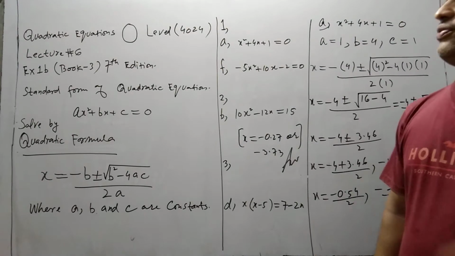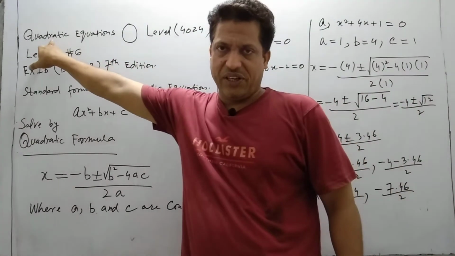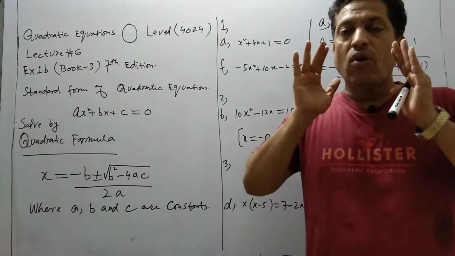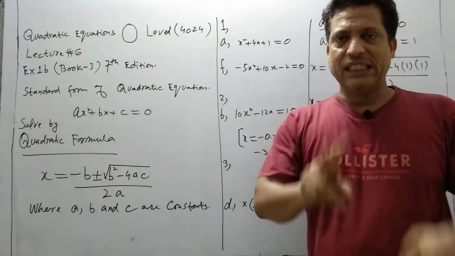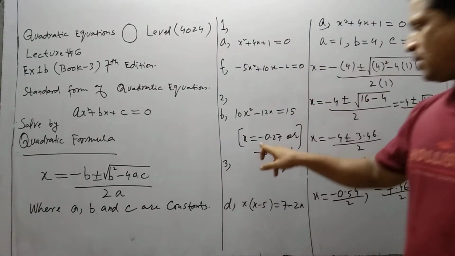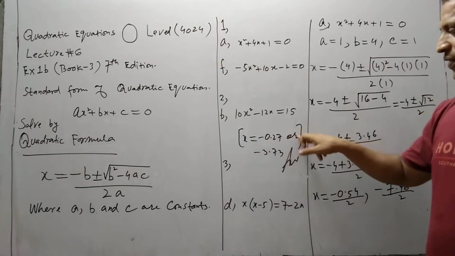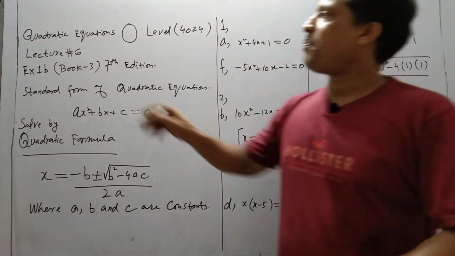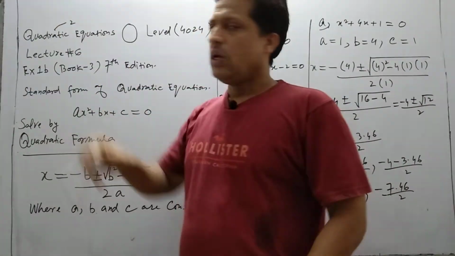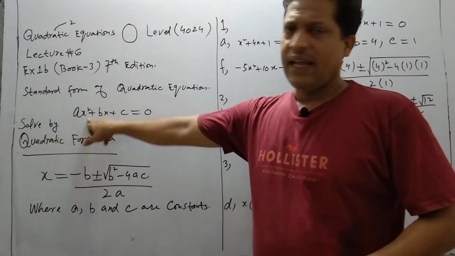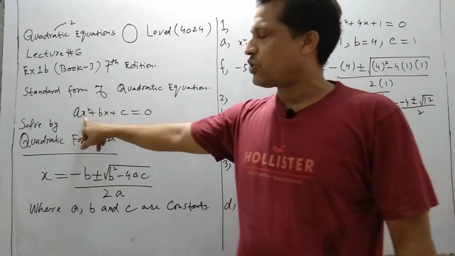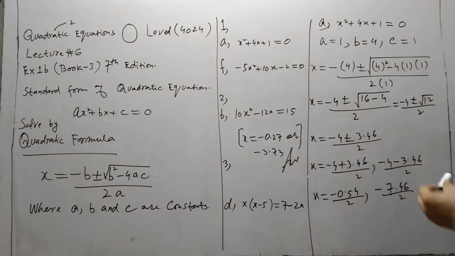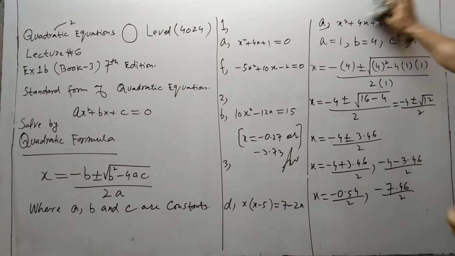When you solve a quadratic equation by applying any method, you always get two answers. This x is minus 0.27 or minus 3.73, because quadratic means 2. So if the degree, meaning the highest power, is 2, we always get two answers. Hope you understand. See next part.